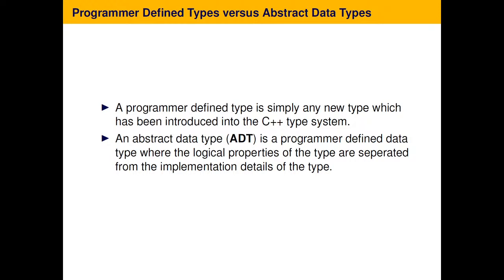And that's a very good goal to aim for, because an abstract data type means you can change how the type works as long as you don't change the logical properties. You can update the type, and no one who uses it will have programs that suddenly break. So say, for example, they made a vector that was far more efficient in the future and used less memory and ran faster and was just better.